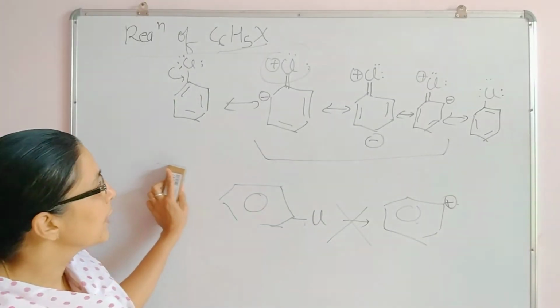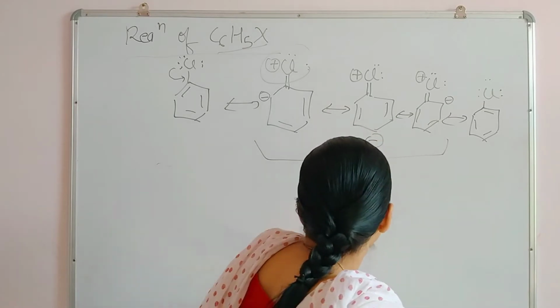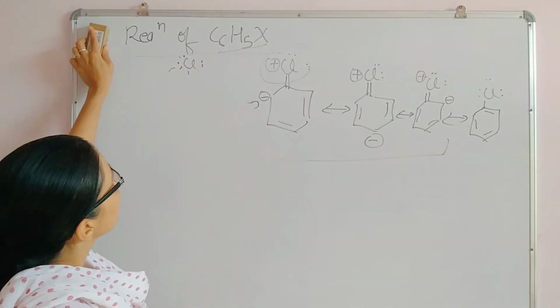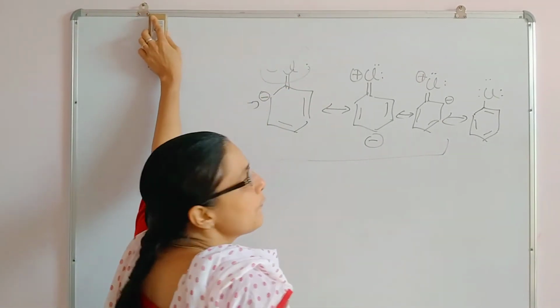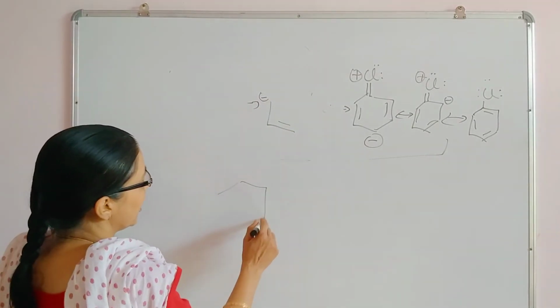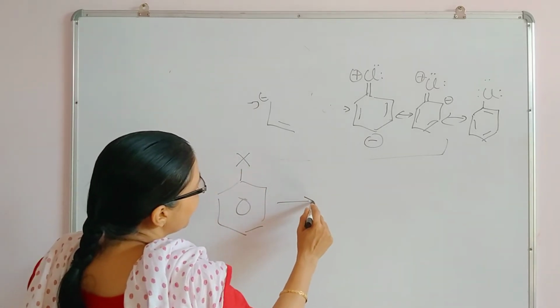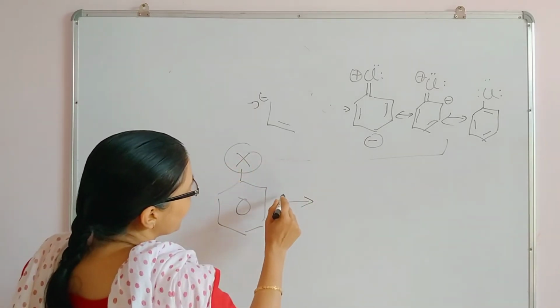So definitely the coming nucleophile will be repulsed. Due to that repulsion, these 5 reasons are sufficient to explain that the halogen cannot be removed easily by a nucleophile.